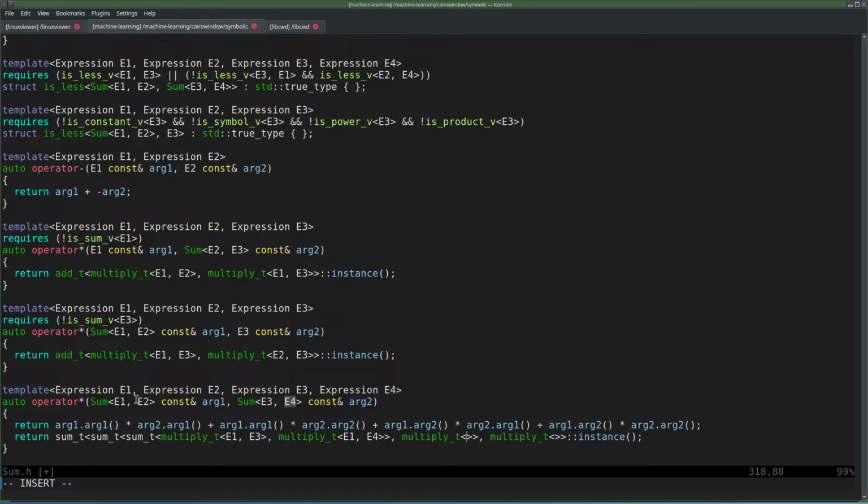Arg1, arg2. Arg2, arg1. Arg2, arg1, arg2. Multiplied with arg2, arg2. So it is 1, 1, 3, 4 and 2, 2, 3, 4. Seems logical.